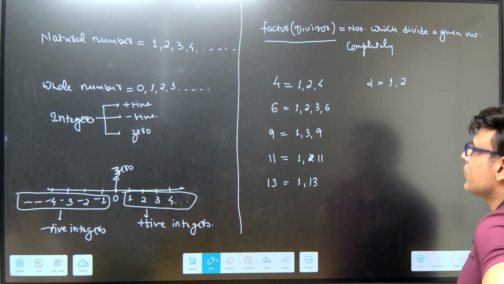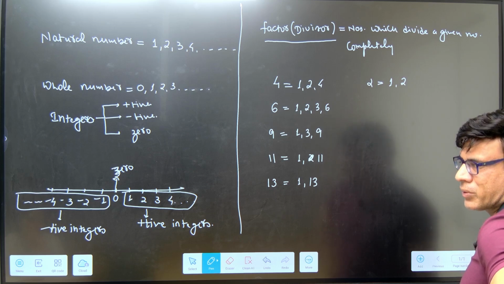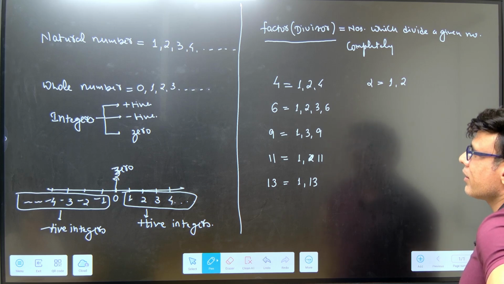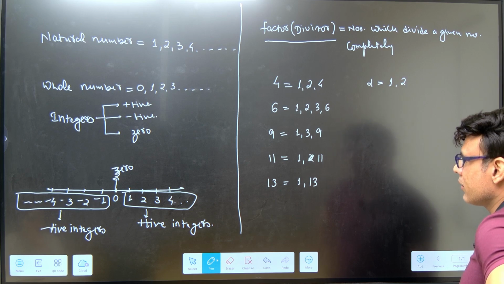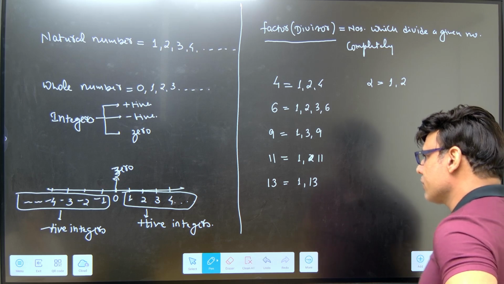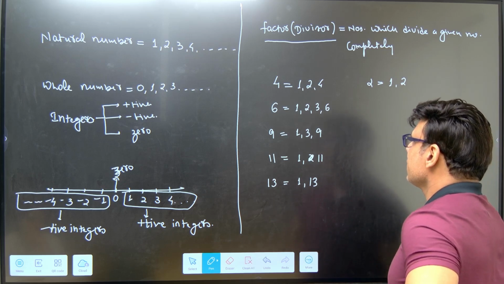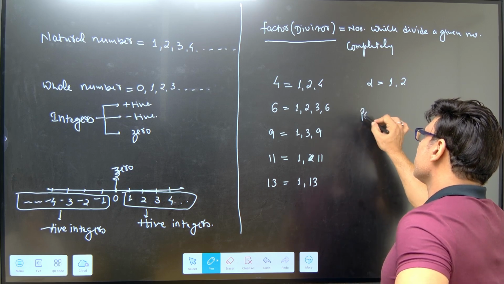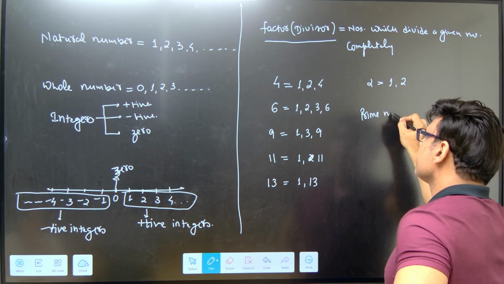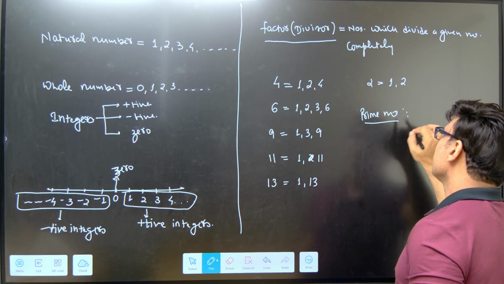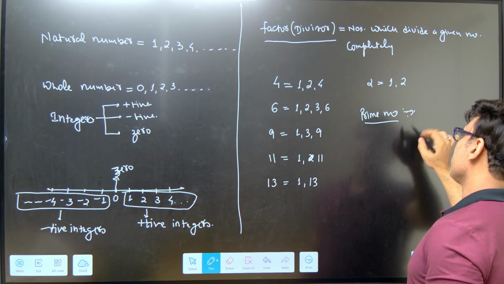In GOA SSC, they don't ask you difficult questions on factors, so nothing to worry. Entrance exams like CAT and others will have tough questions on this. Here we need to know first factors, second prime numbers. So what are prime numbers?